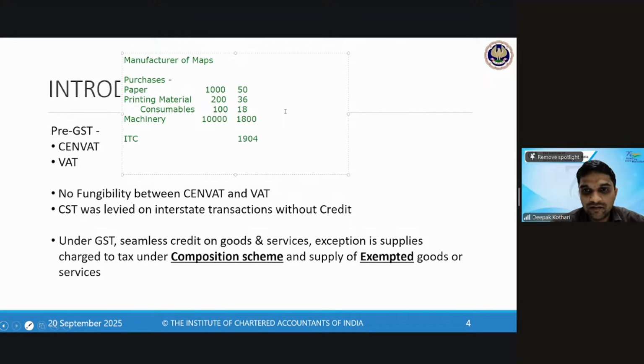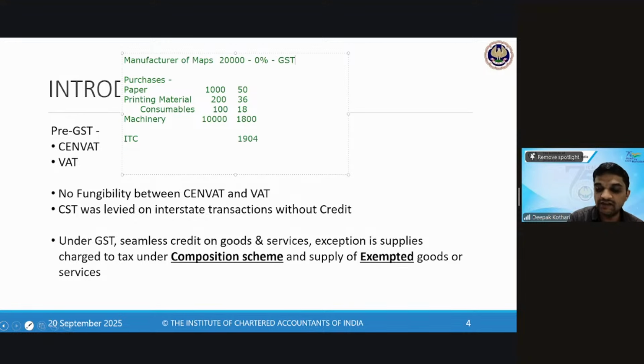Now, when we were talking about a person who's selling maps, when he sells maps of say worth 20,000 rupees, for him the GST rate is 0%.